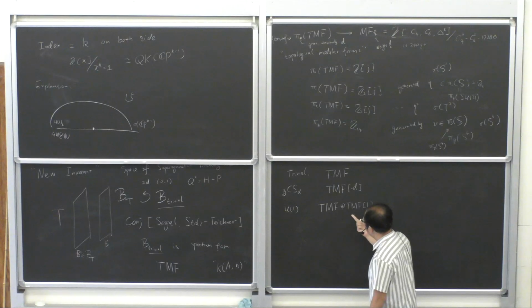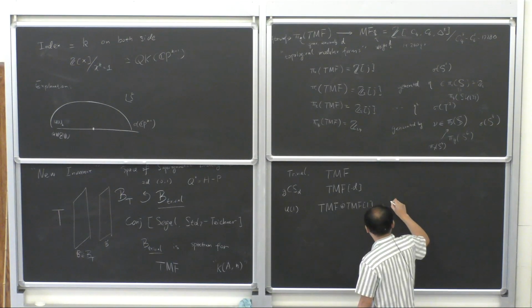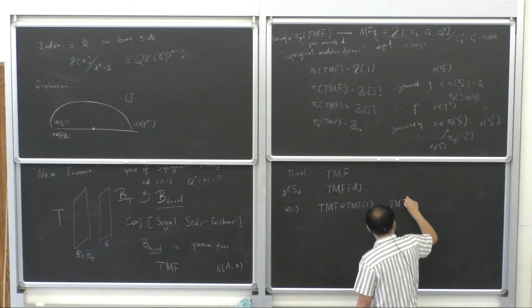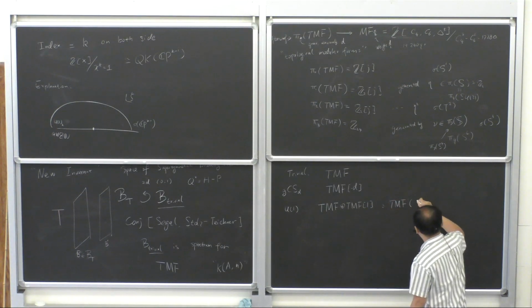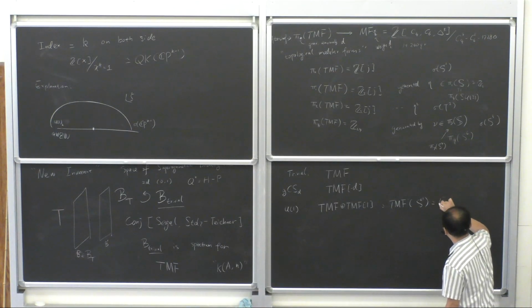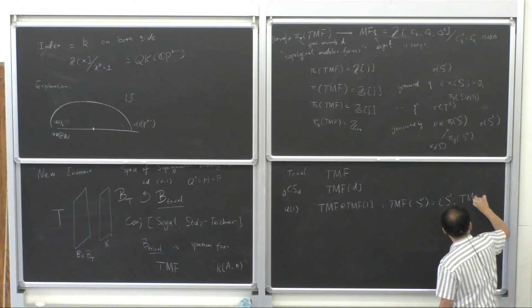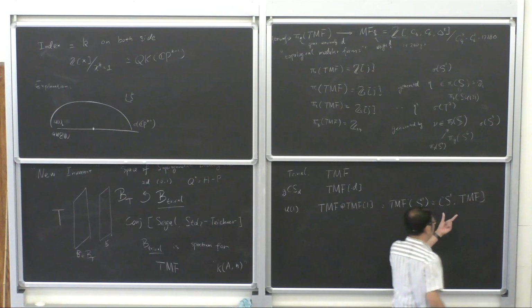So how to think of this? This can also be viewed as the TMF cohomology associated with S1, or equivalently, homotopy classes of maps from S1 to this TMF spectrum.